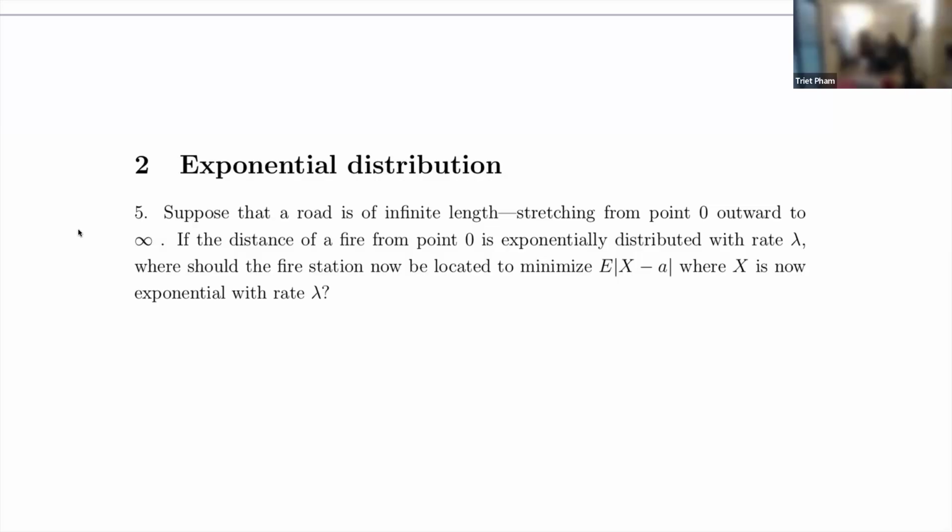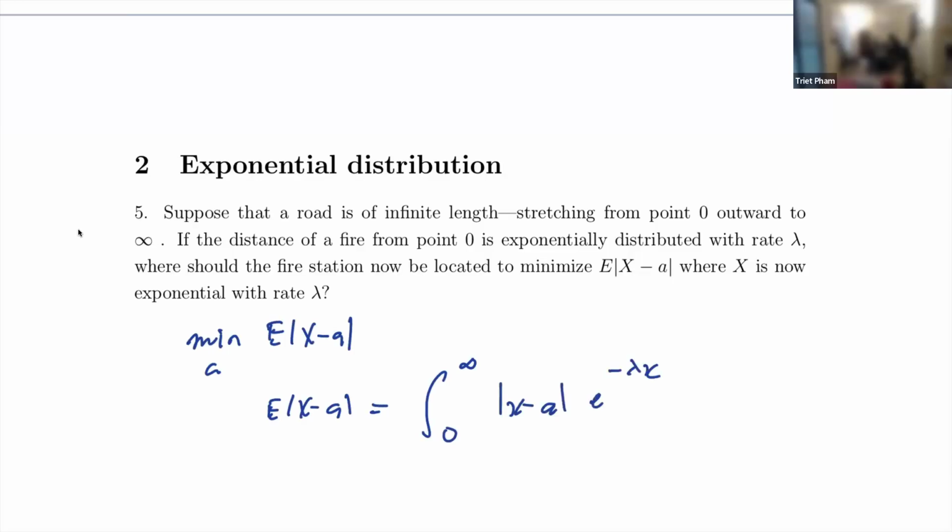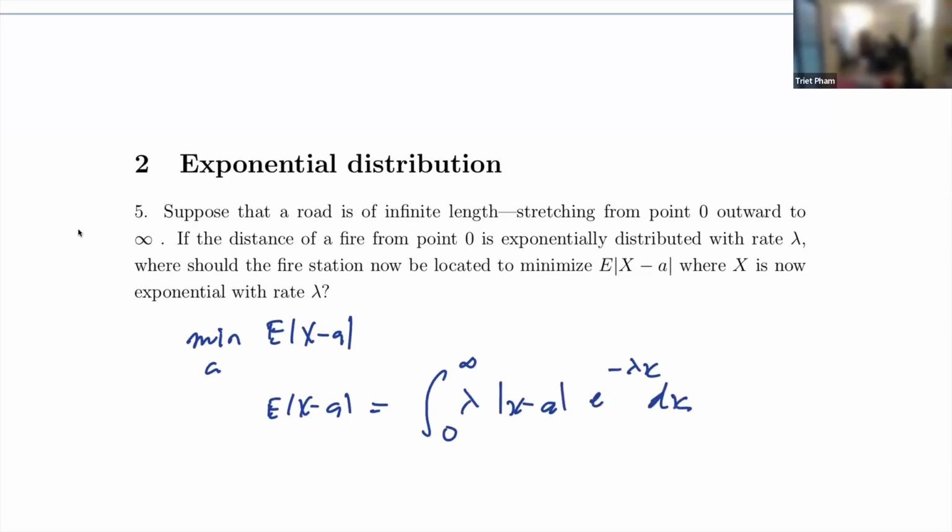Now the setup is still the same. In other words, we still minimize over A the expectation of X minus A. And to calculate the expectation of X minus A, look at the integral, but now from 0 to infinity, of little x minus A, times e to the minus lambda x, lambda dx.